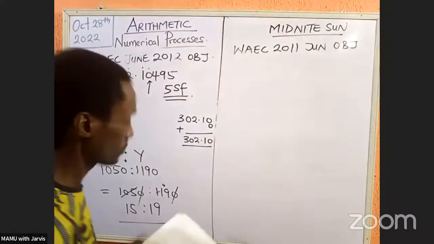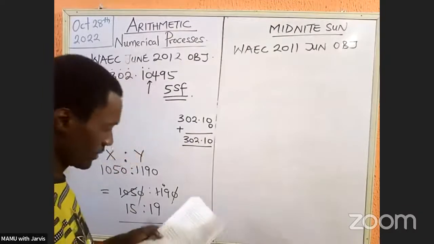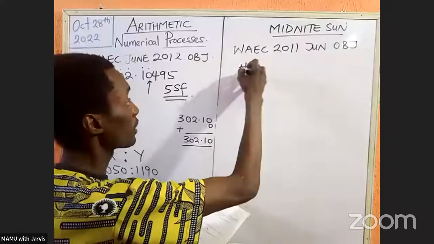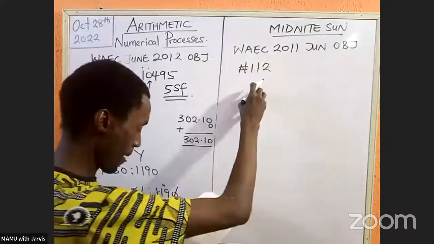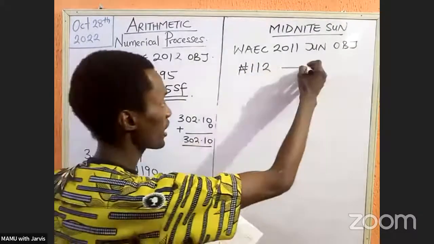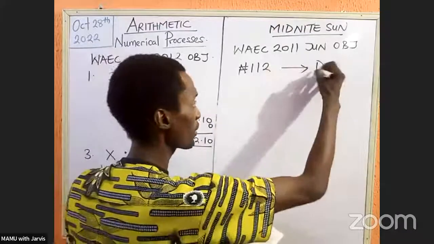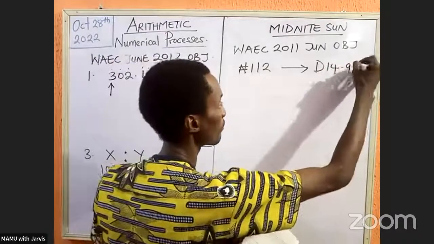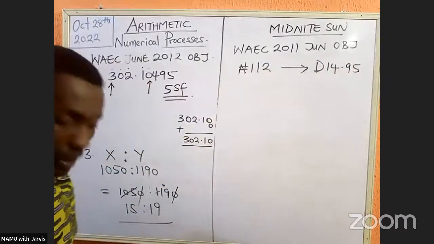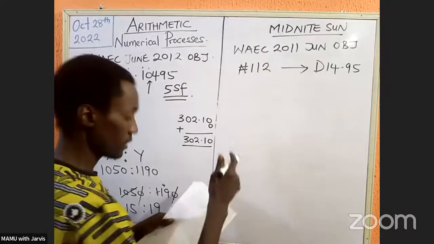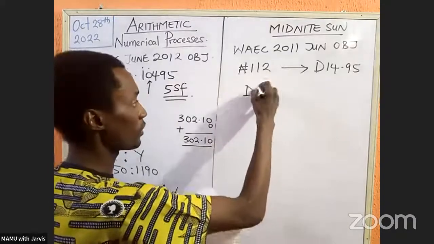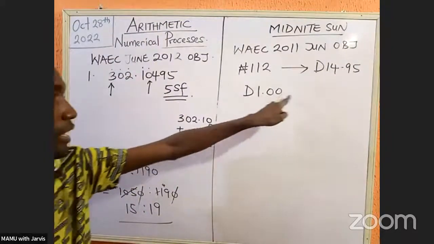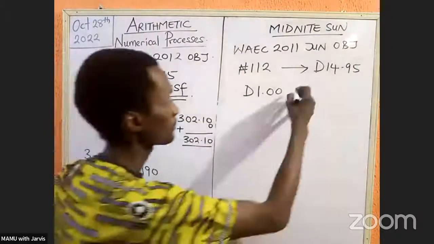Okay, so it says if 112 naira exchanges for another currency, calculate the value of 1D in naira.